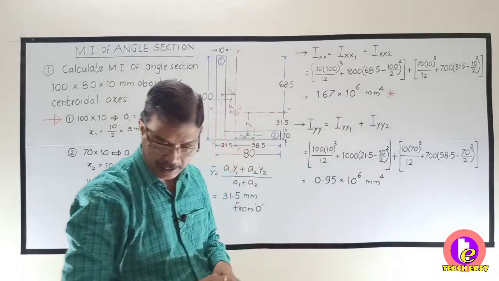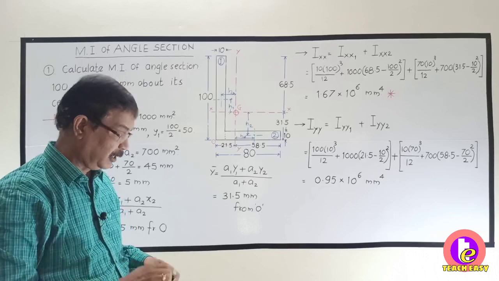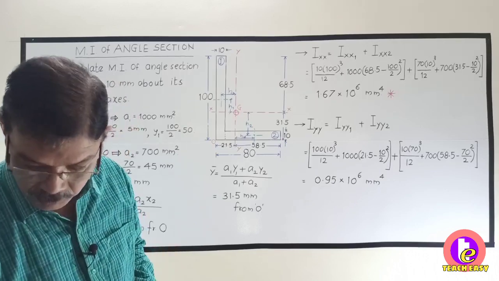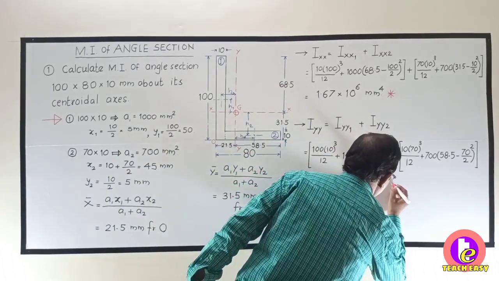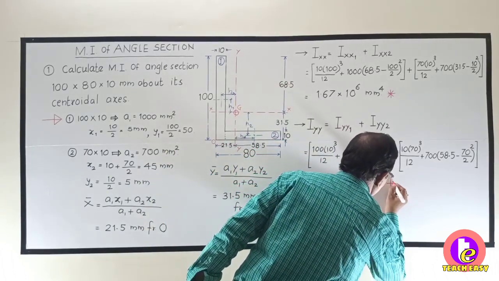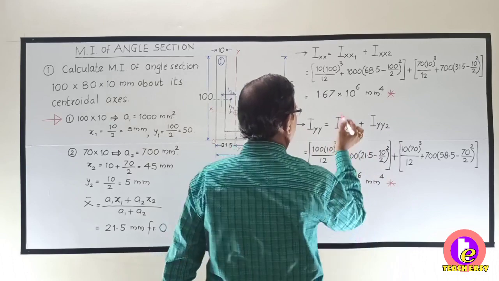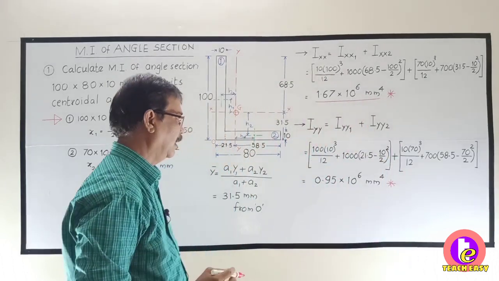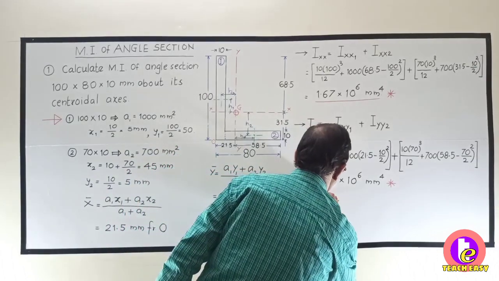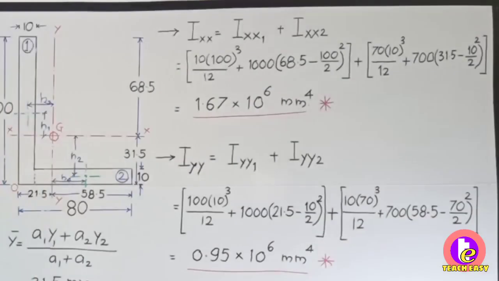So this is the second answer, that is the moment of inertia of the angle section about the vertical centroidal axis. So in this manner we have calculated Ixx and Iyy for this angle section.